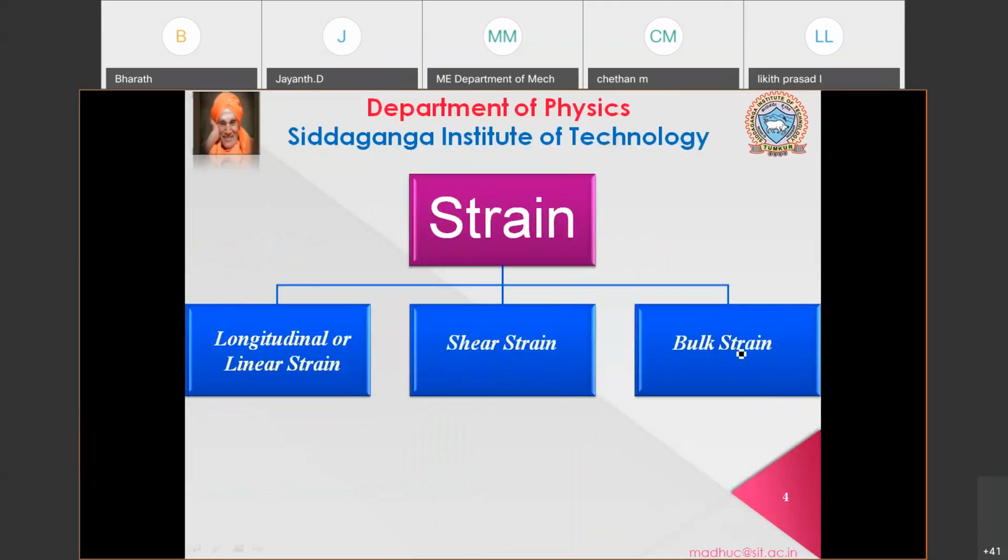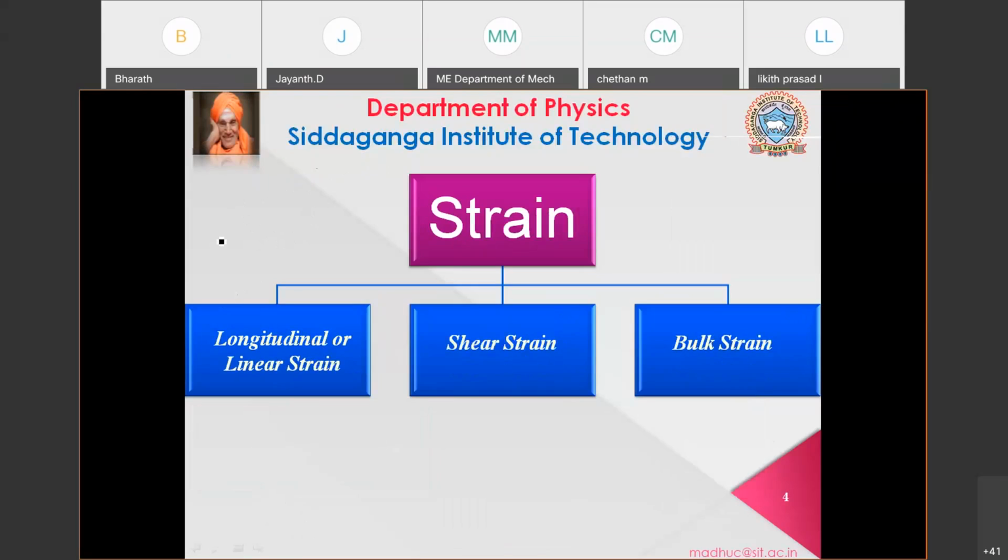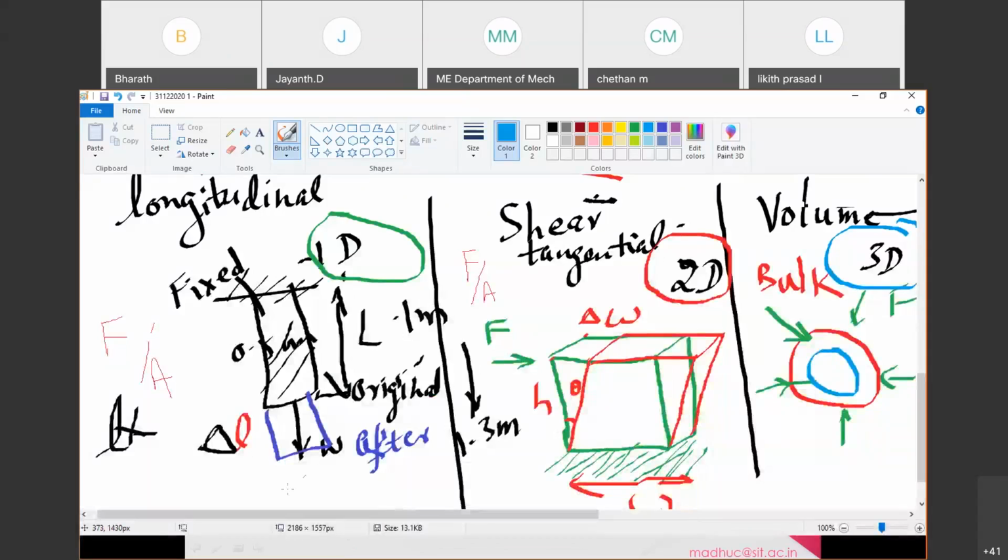The first one is your longitudinal strain or linear strain. In the previous case, we wrote that stress is force by area, but when it comes to strain, strain is change in dimension to original dimension.